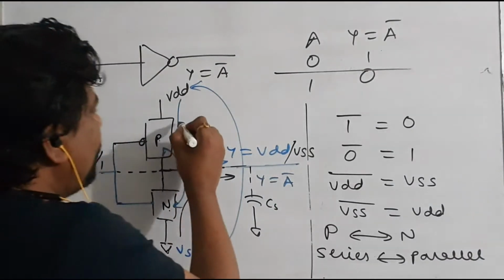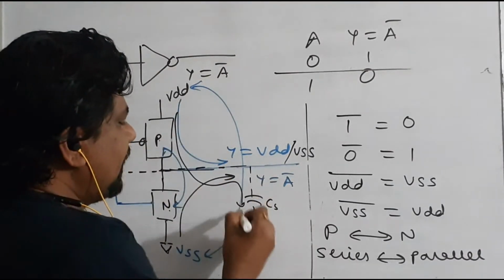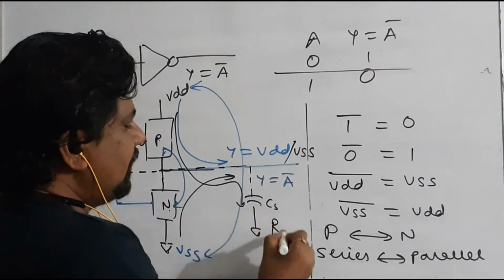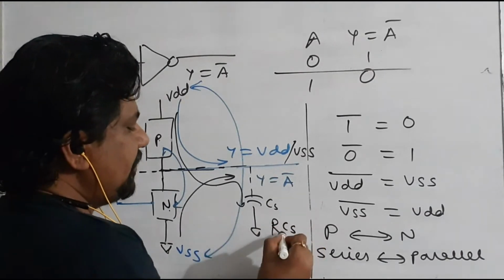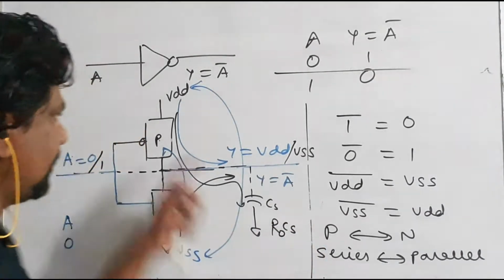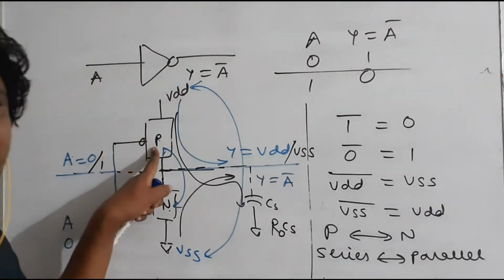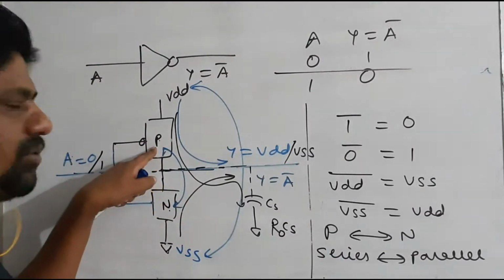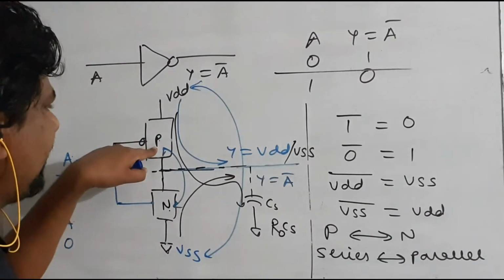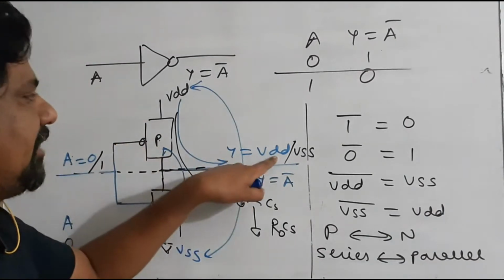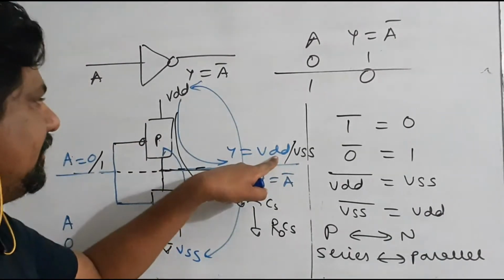And due to that, whatever this resistance is there, I will get the equivalent effect of an RC, R into CS, or R0 into CS. So we can say that resistance R1, whenever PMOS will turn on, I will get resistor R1, so the capacitor will charge. That means I will get output equal to VDD.